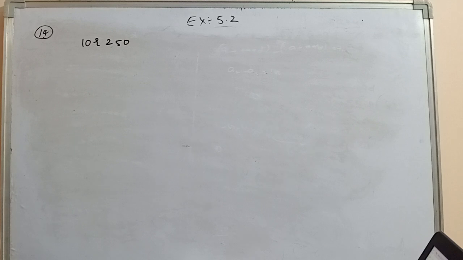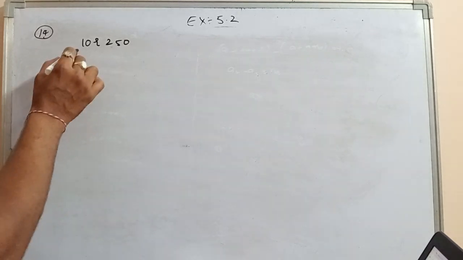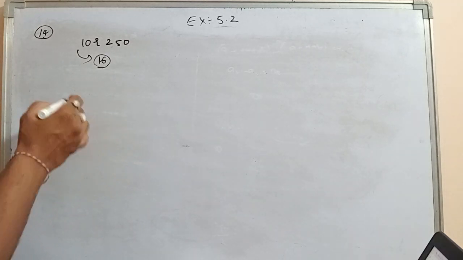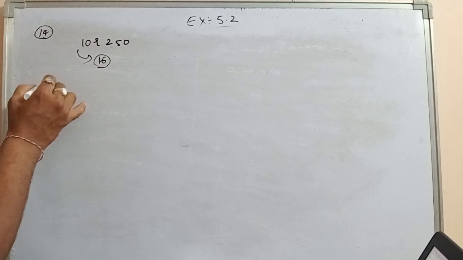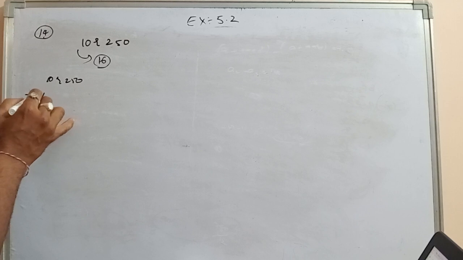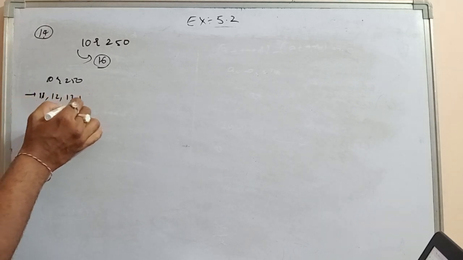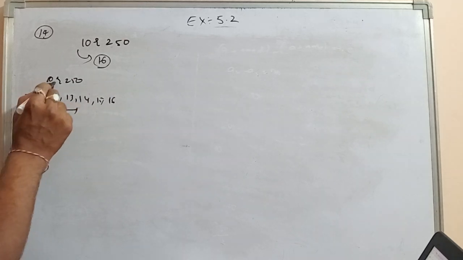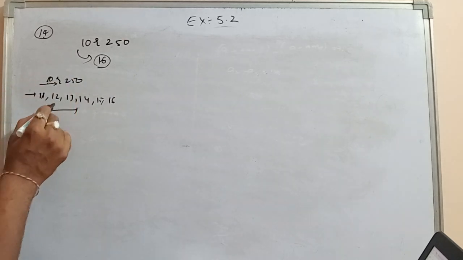So here, after 10, the next multiple of 4 comes at 12 and then 16. In between 10 and 250, the sequence is 10, 11, 12, 13, 14, 15, 16. The first multiple after the value 10 will be 12.